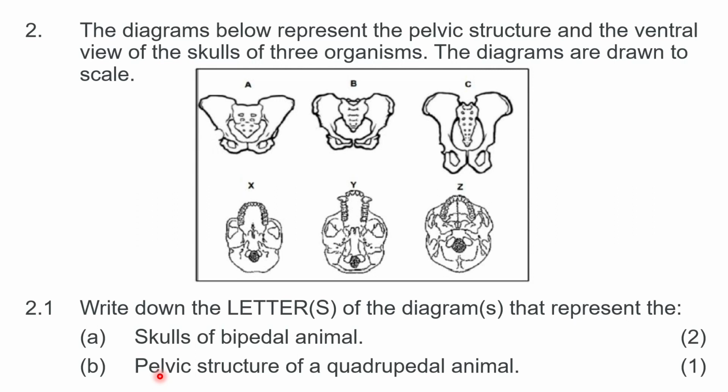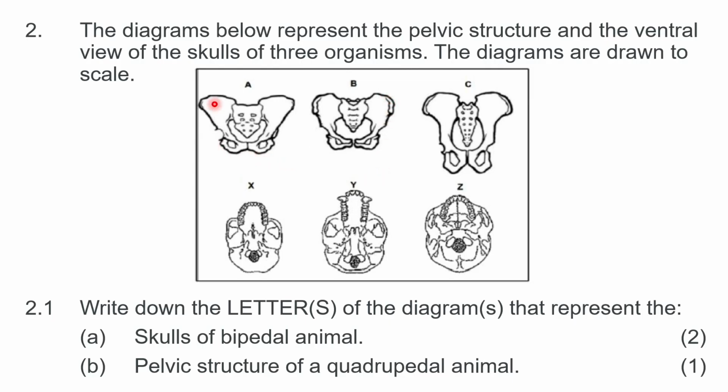The next question is a comparison between different organisms. So here we've got 3 different organisms, organism A, B, and C. And let's quickly just unpack the picture and see if you can identify, before we answer the questions, which organism will do what.